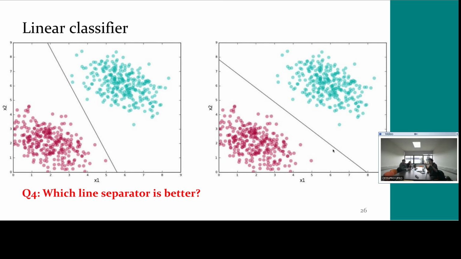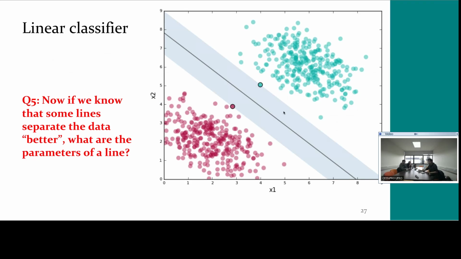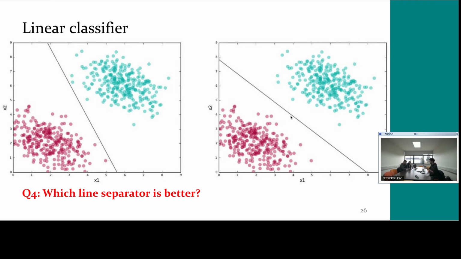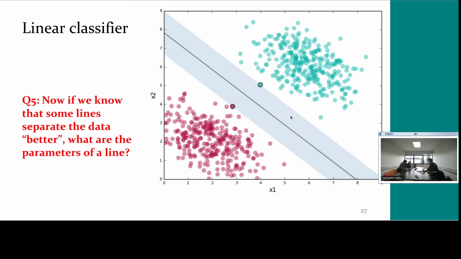We can call which one of them is good, better, best, as the one that has the most splitting space in between, this safe zone where we are sure. So maybe actually this one on the right is the better one. Fine. So now we know which one of the infinity of lines that you can put there is better.